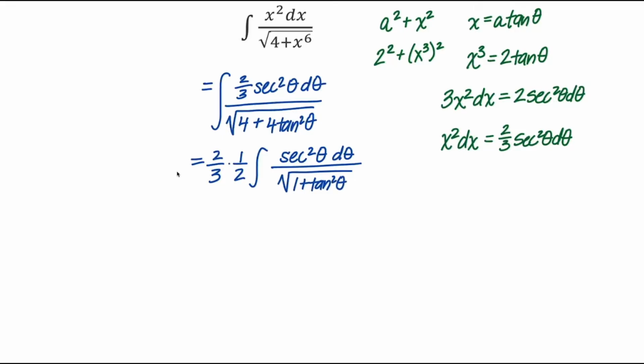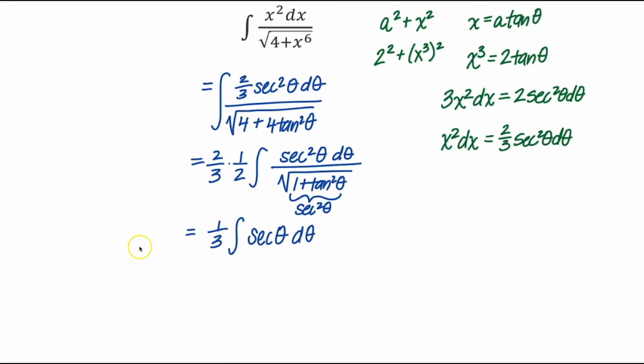So 1 plus tangent squared theta is secant squared theta, and it's underneath the square root, so the square root of secant squared, because of domain restrictions, is just positive secant theta. And I have secant squared on top, so that's just going to simplify to 1 copy of secant theta. So as we start to move through these problems, we can work a little quicker in identifying how things are going to simplify. So we have a 1/3, and we're really just integrating secant theta d theta.